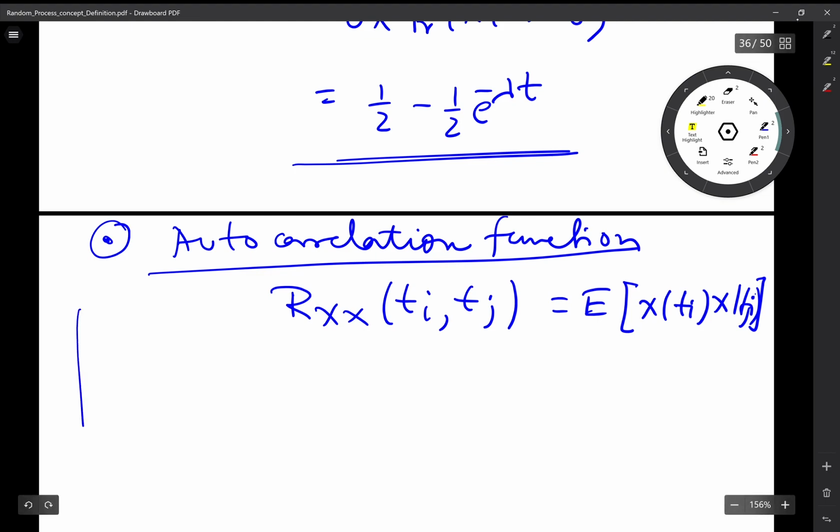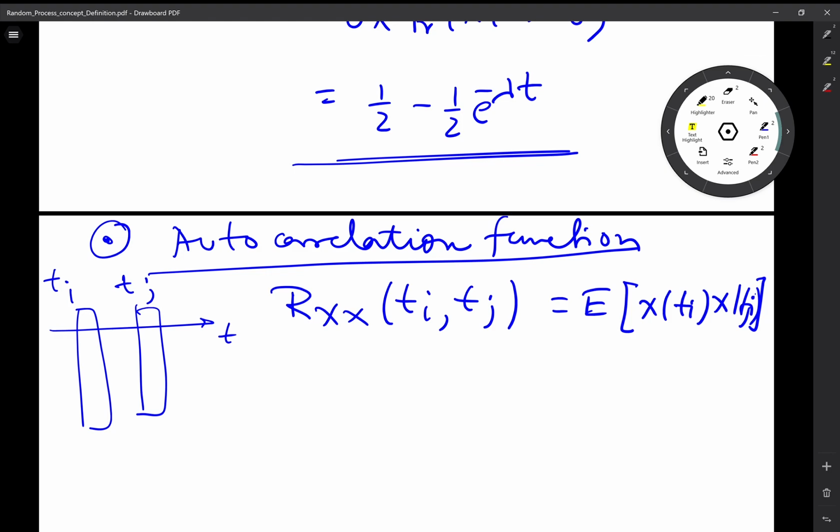So over the ensemble, this is kind of i, over the ensemble, this is kind of j, and then this is ti and tj. So this is time, and we will get all X(ti) and X(tj), and then we will do the multiplication at each sample realization, and we will get some number, and we will take the average of it. So ultimately we will get a single number Rxx, which will be a function of time.